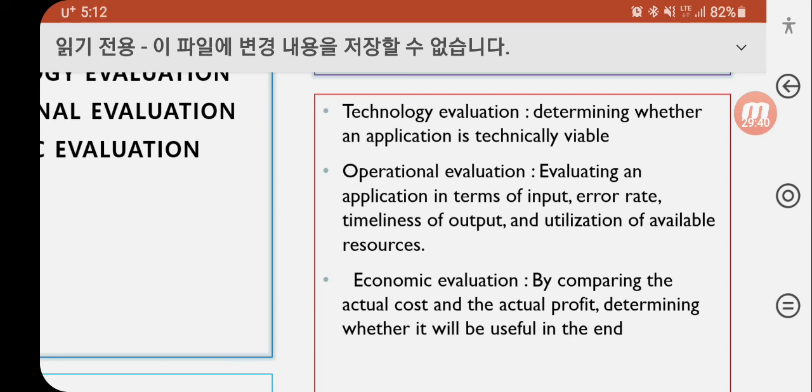And economic evaluation is by comparing the actual cost and the actual profit, determining whether it will be useful in the end.